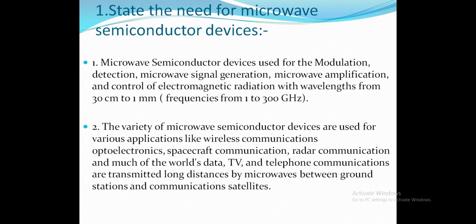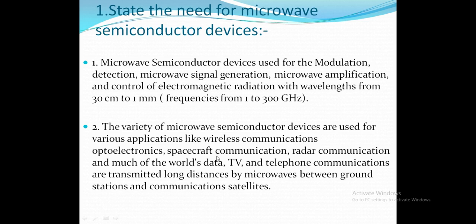Generation of microwaves requires higher anode voltages and high magnetic fields for focusing the beam. Special types of waveguides are required for guiding the waves. So the devices are bulky, cost is more and require high voltage sources, hence microwave semiconductors are used for low cost applications.